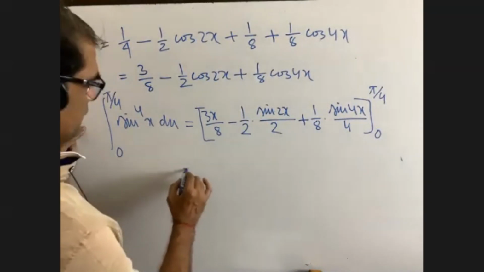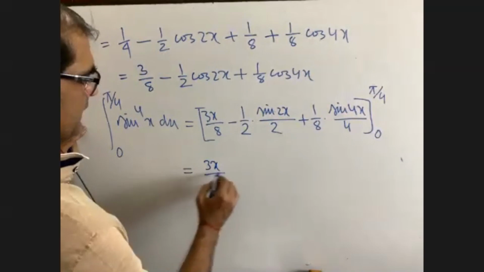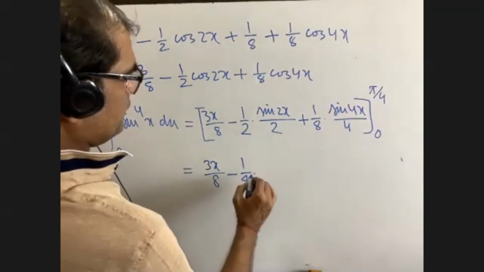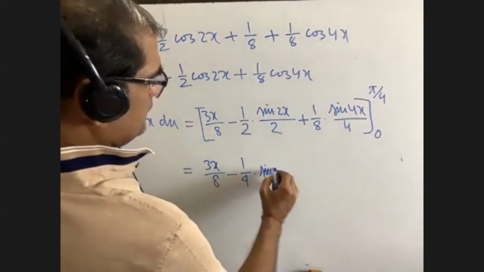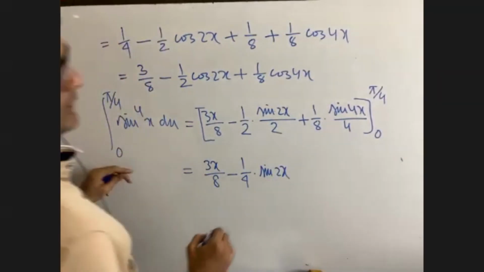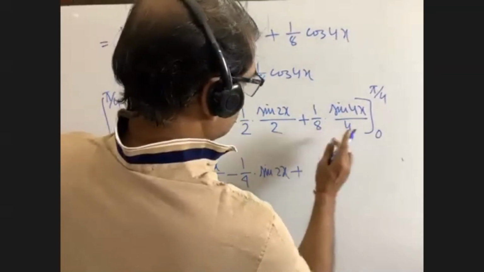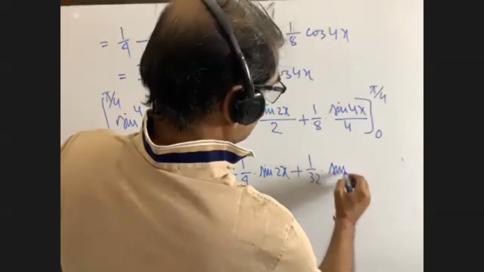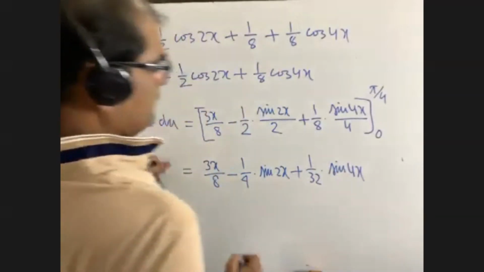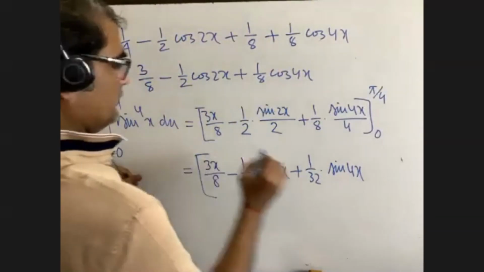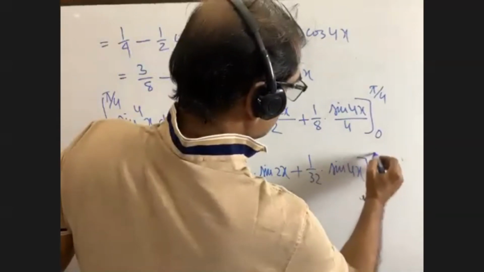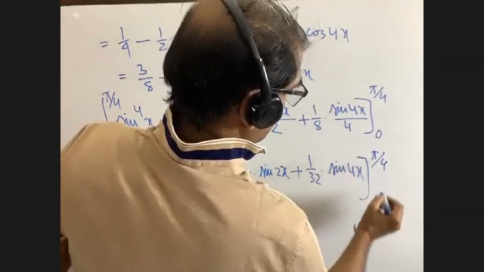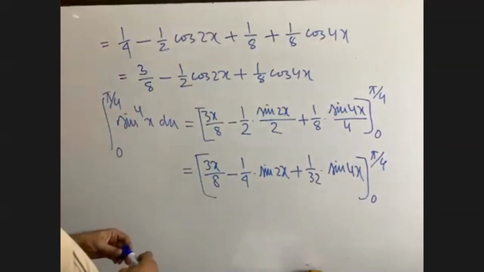Now we can do another line. 3x by 8 minus 1 by 4 sine 2x plus 1 by 32 sine 4x, from 0 to pi by 4.